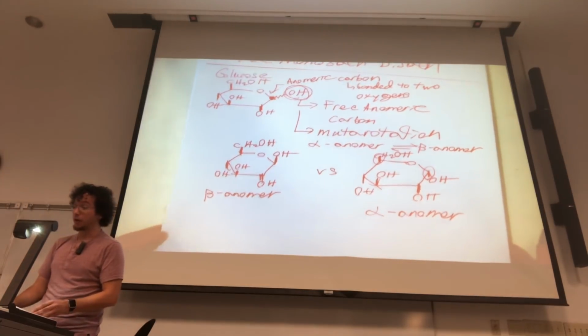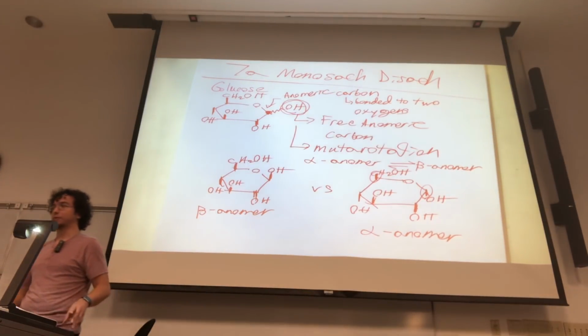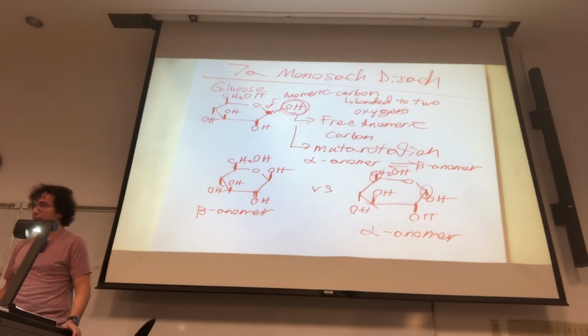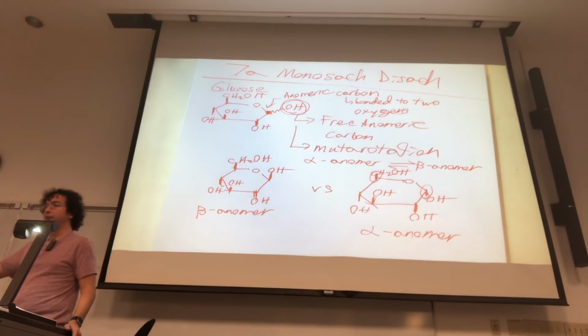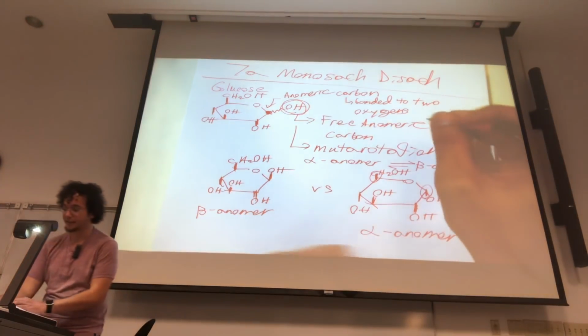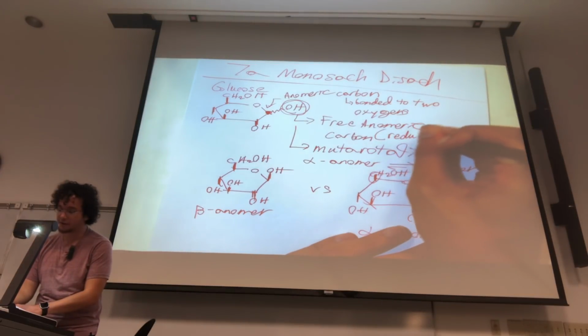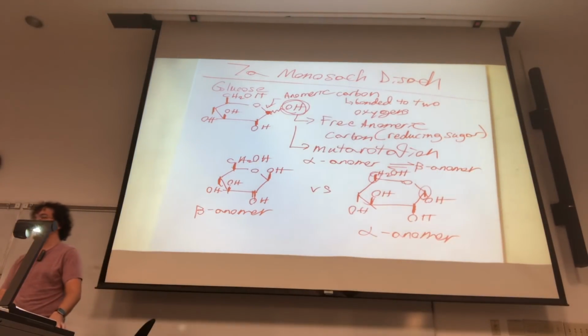Actually, since I talked about free anomeric carbon, I forgot one very important term here. If whatever sugar you're looking at has a free anomeric carbon, you can call it a blank sugar. What? A reducing sugar. So let me write that down here. If you have a free anomeric carbon, you can call that sugar a reducing sugar, meaning it can participate in oxidation reduction reactions.